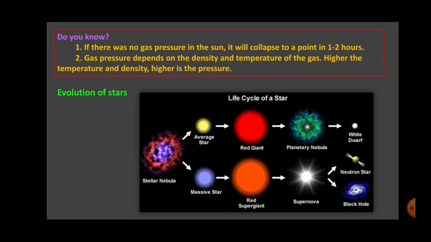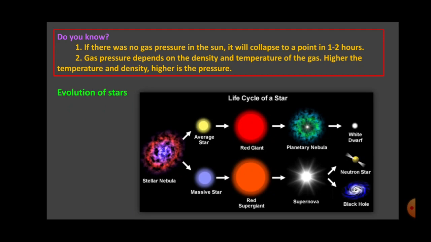The energy is generated because of the burning of the fuel, that is hydrogen, and it takes place in the center of the star. So the evolution of a star is because of the burning of the fuel, and when the fuel in the center decreases, the energy generation stops.